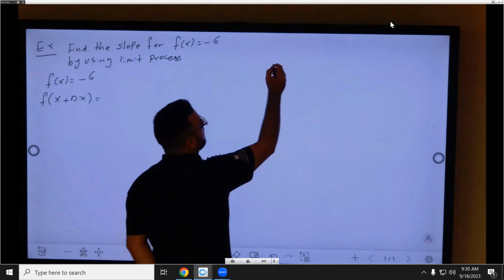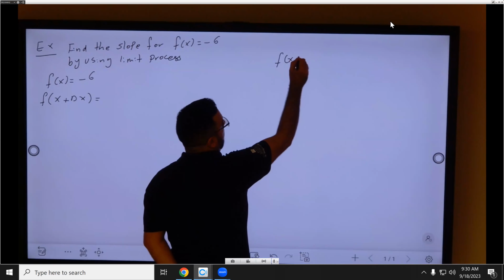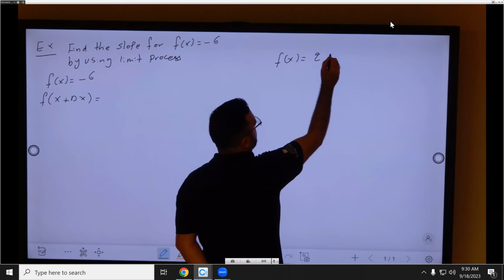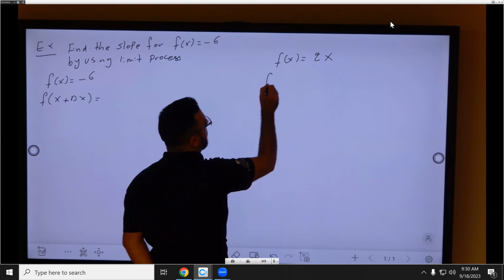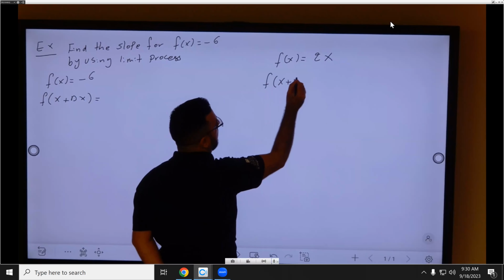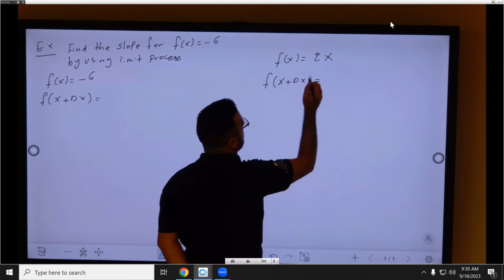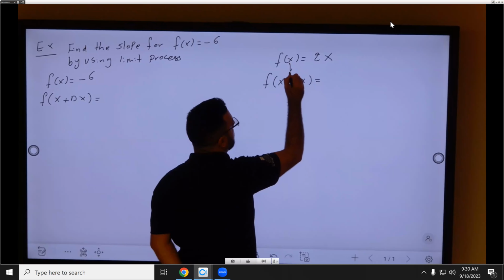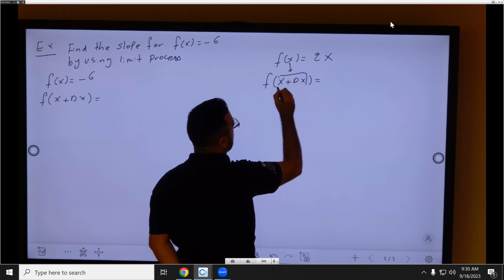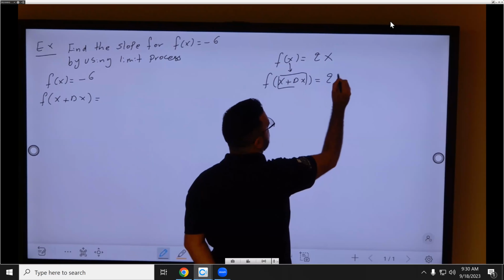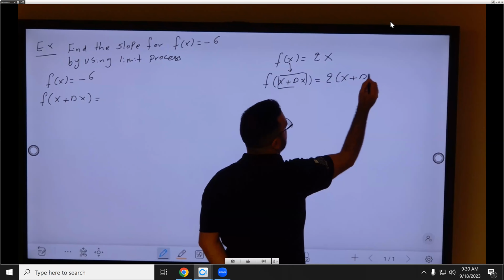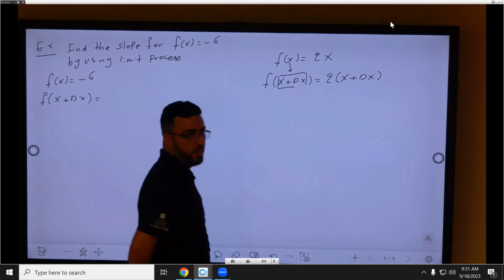So if your function, for example, is 2x, to find f of x plus delta x, instead of each x, plug in the whole thing. That means it's going to be 2 times x plus delta x, okay?